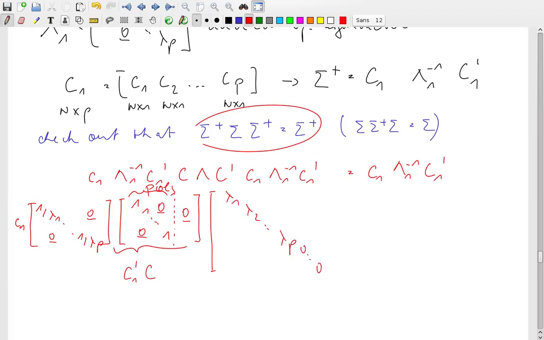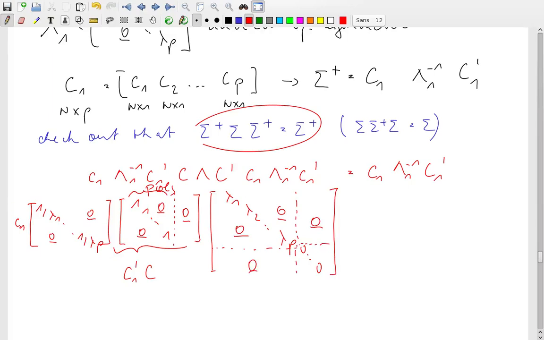Okay. So again, we have this subset of p rows and p columns. Here are zeros. Here would be zeros. Here would be zeros. That's how lambda looks like. Okay.